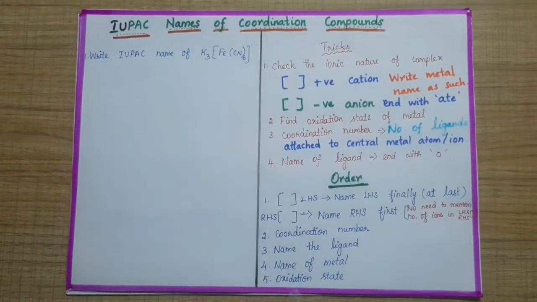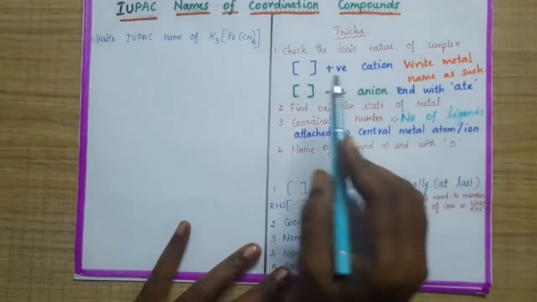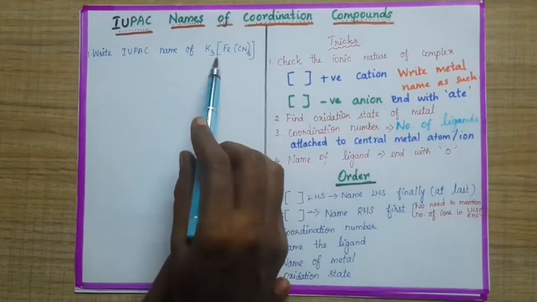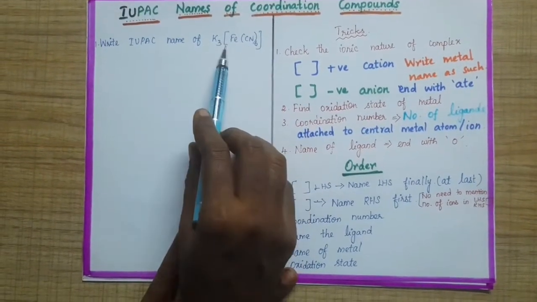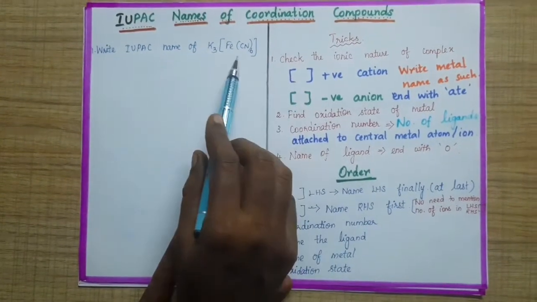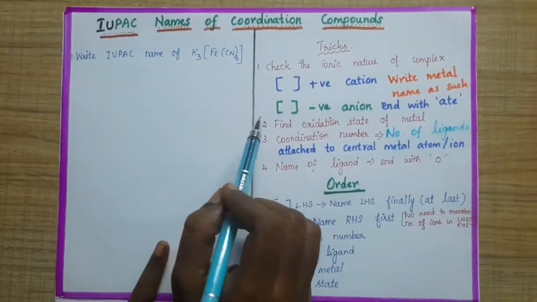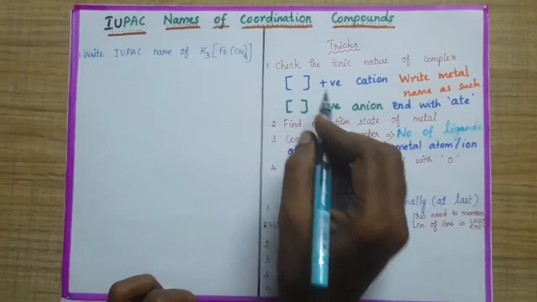So first one, check the ionic nature of the complex. What it means? We know that the ions present in the square bracket are named as a complex, isn't it? So first of all we must know whether the complex, that is the square bracket, is positive or negative.